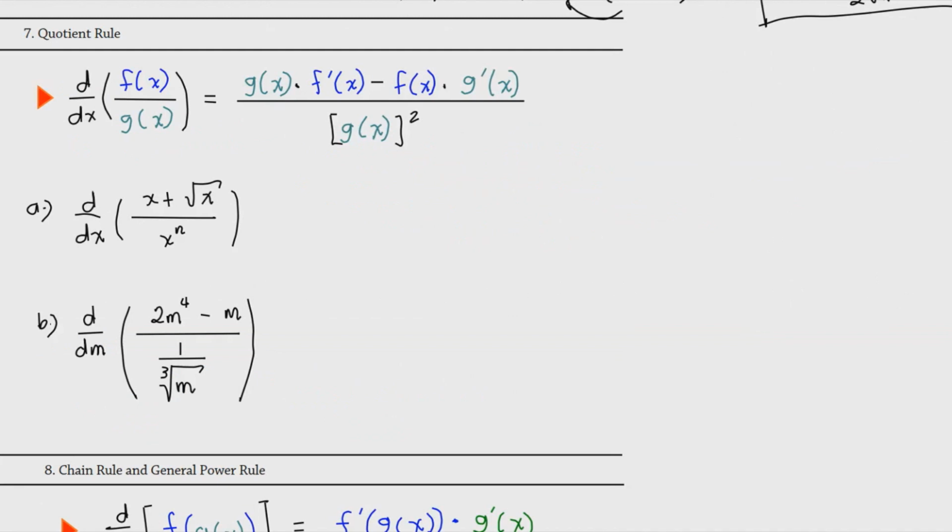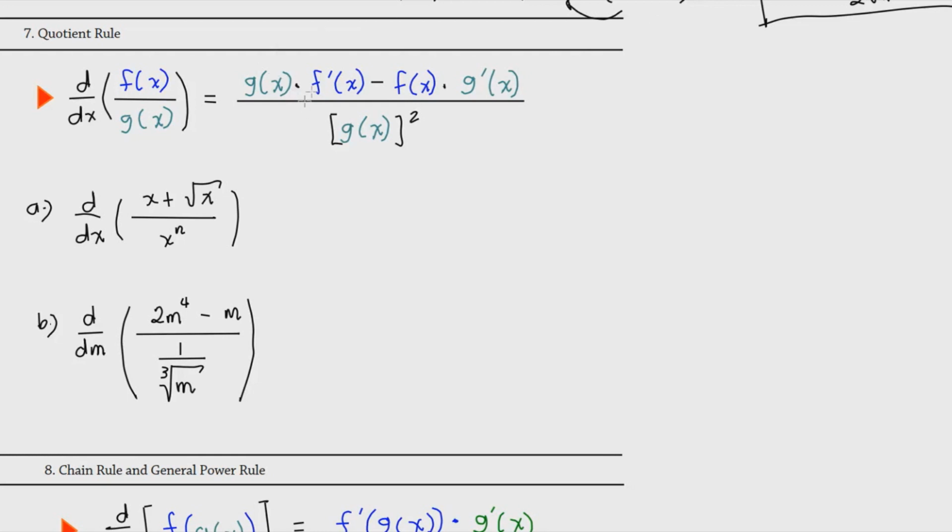Now let's proceed with the quotient rule. Quotient rule is by far, of all the 4 arithmetic operations, the most complicated, and usually students like to avoid this quotient rule, but this is actually easy.